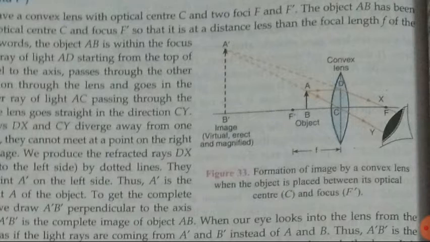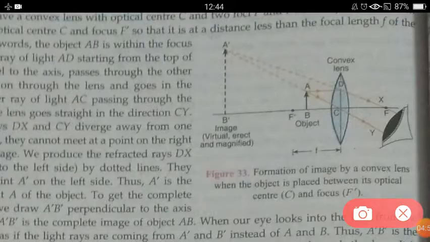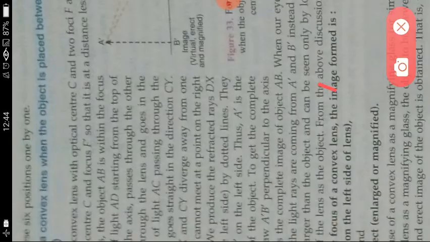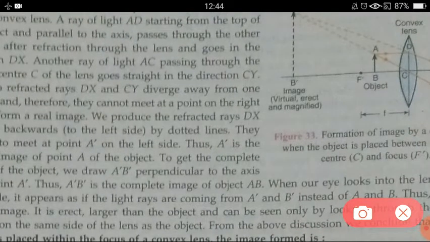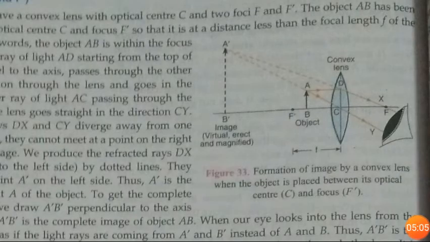Okay, so what we do, we imagine that these rays are extrapolated, that these rays are elongated in the backward direction.